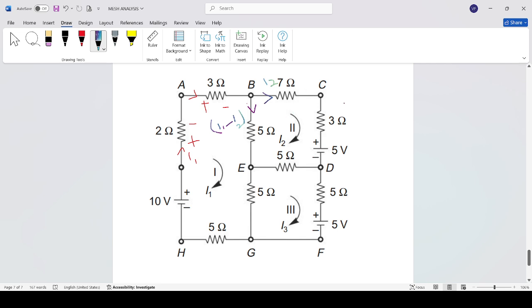This I2 current is flowing towards this point, and when it comes here, the current splits again into 2. This is I3, and this is I2 minus I3.